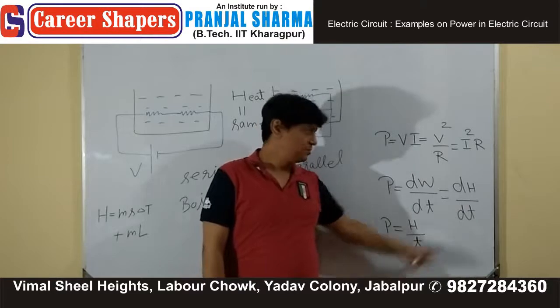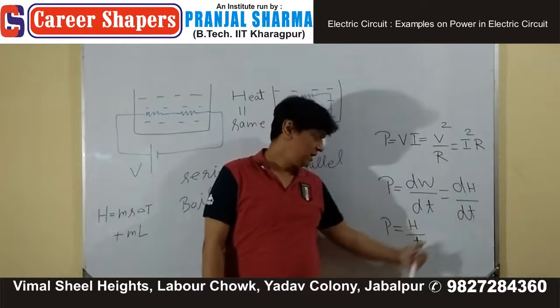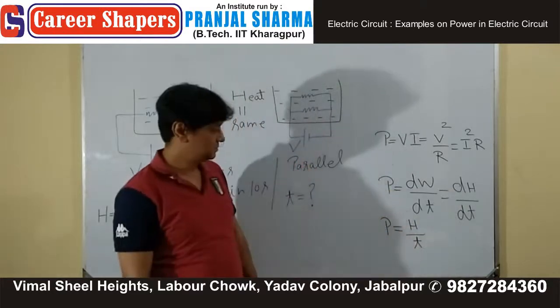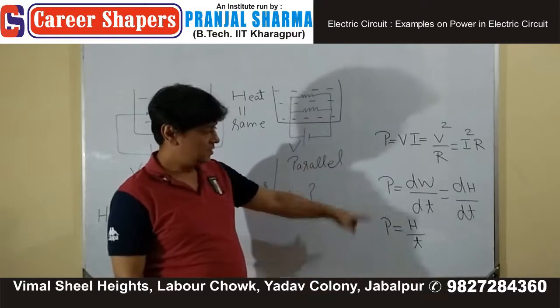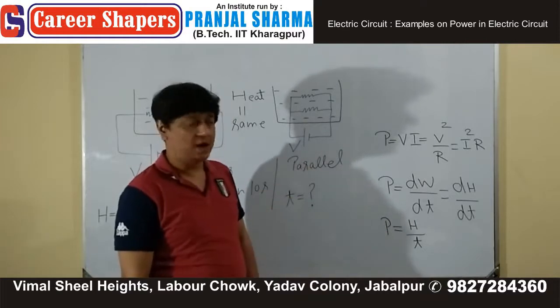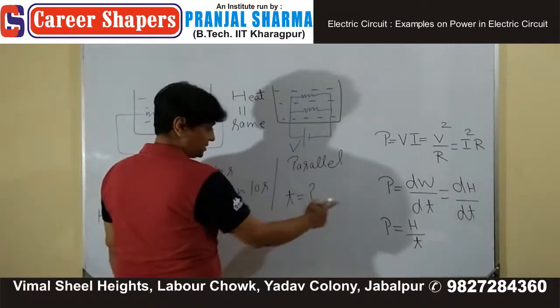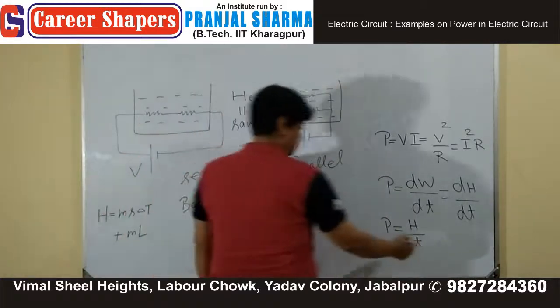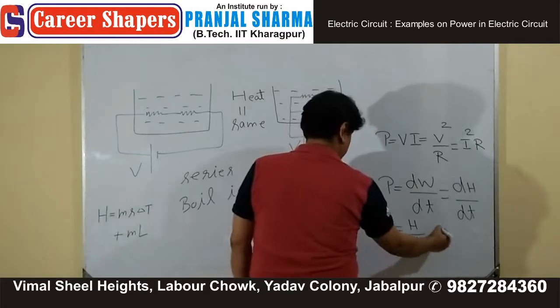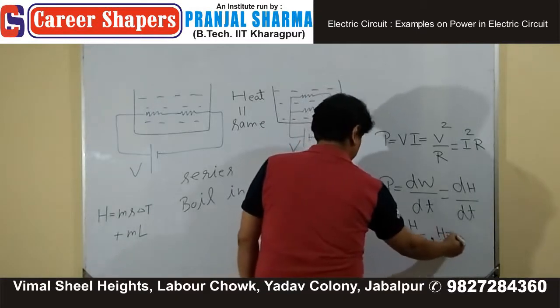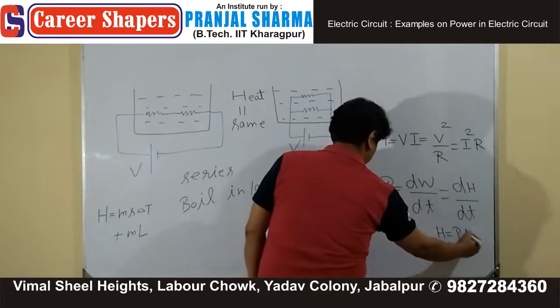H upon T. Simply dH is H, dt is T. We'll be using this. P equals to H divided by T. Now, this tells us what? This tells us that H is P into T.